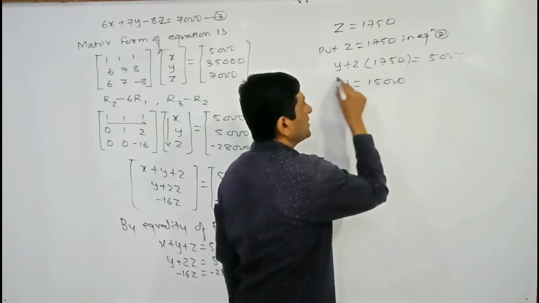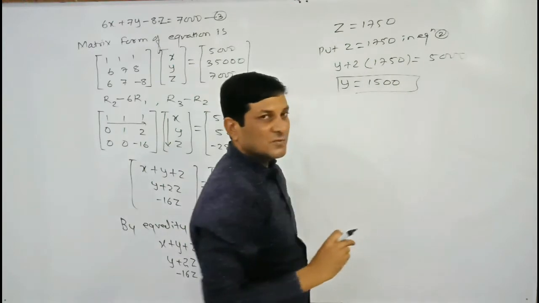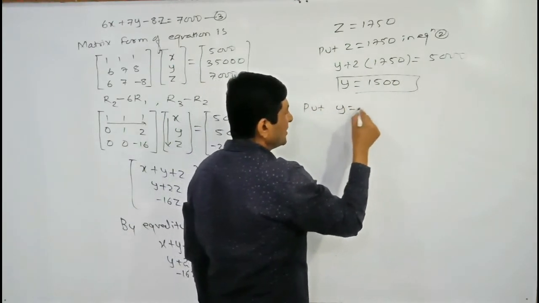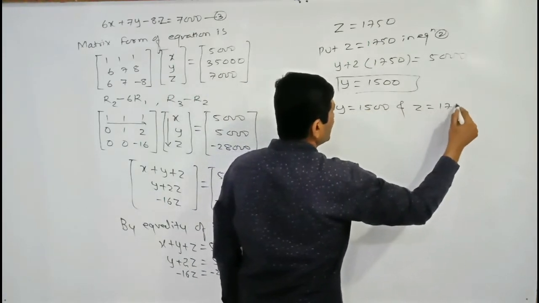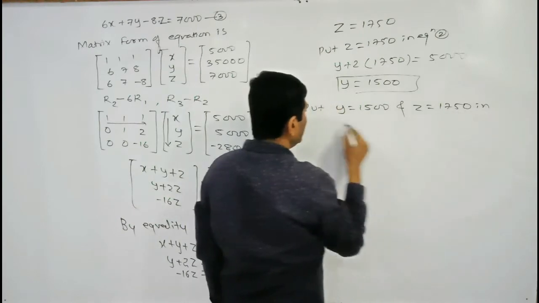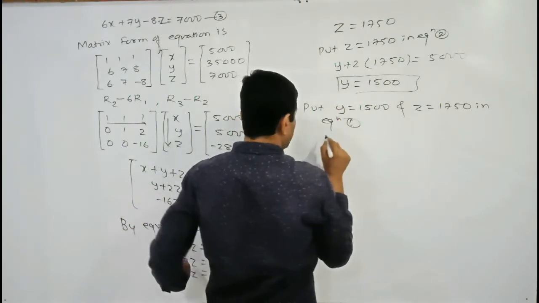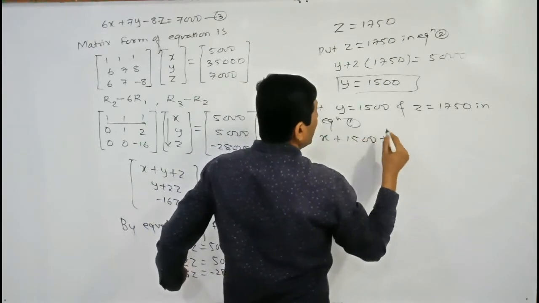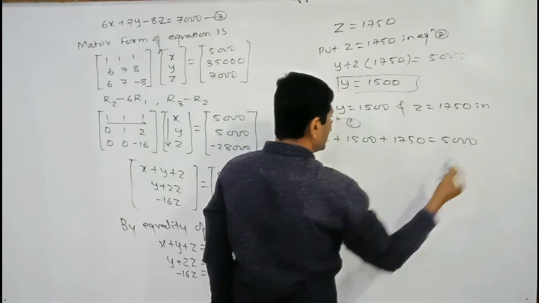In this way we have got the value of y. How much? 1500. So once the values of y and z are known to us, put y equal to 1500 and z equal to 1750 in equation first. Observe the equation number first. What is equation first? x plus y, which is 1500, and z, which is 1750, and on the right hand side 5000, keep it as it is.